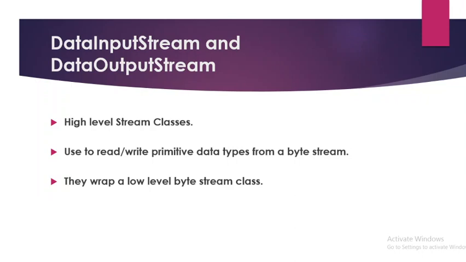Whatever input you give from the input device is given to the low level stream class, and this low level stream class is further connected with the high level stream class, where it becomes primitive type specific. So data input stream and data output stream classes wrap a low level byte stream class.